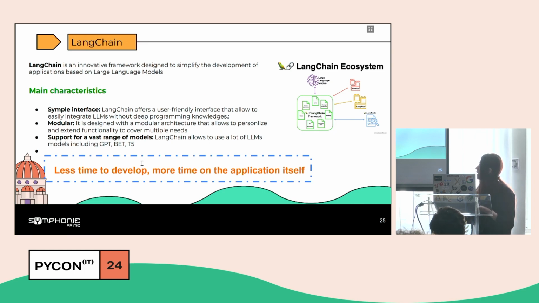It is modular, and it supports a lot of large language models, like, for example, GPT, BERT, and so on. You can orchestrate your application and your code and spend less time to develop, but more time on the application itself and on understanding what you are doing, basically.